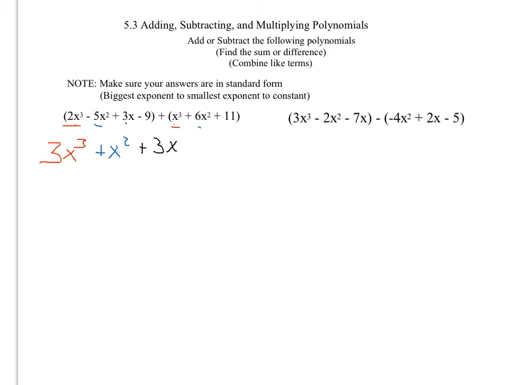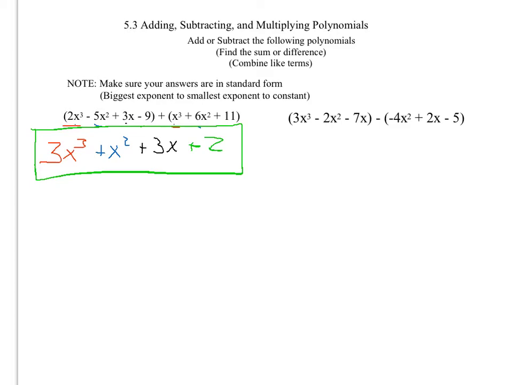And then finally, I go down to the constants, and I have negative 9 plus 11. So negative 9 plus 11 would be a positive 2, and that's it. Alright, it is in standard form, biggest exponent to smallest, combine the like terms.